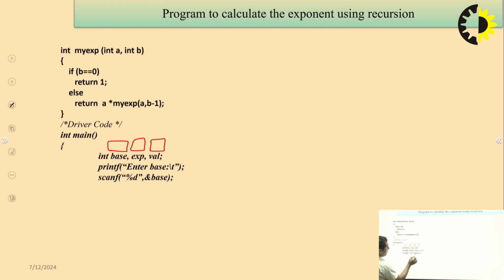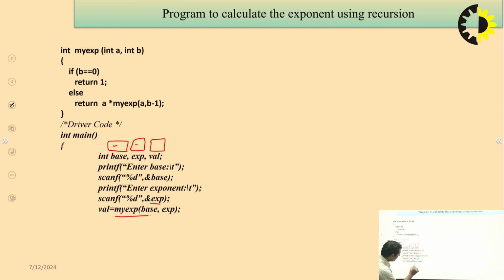We will receive the value of base here. Now enter the exponent, the value given by the user is received in the variable exp. Now we have received the input parameters. Now the calculation will be performed with the help of this recursive function my exp. Control goes to the definition part of my exp.